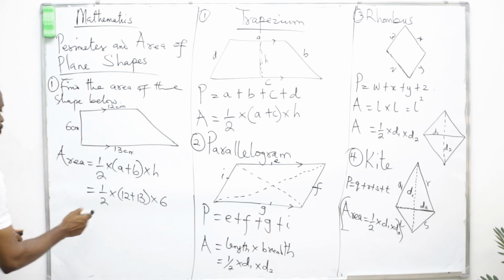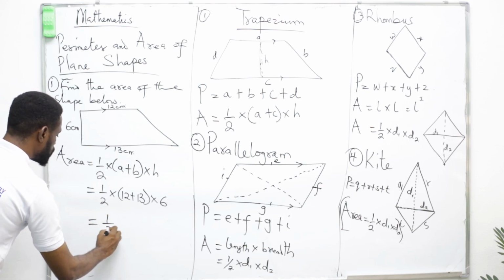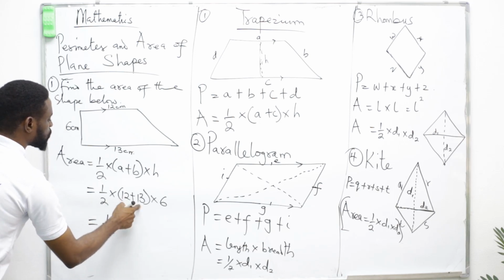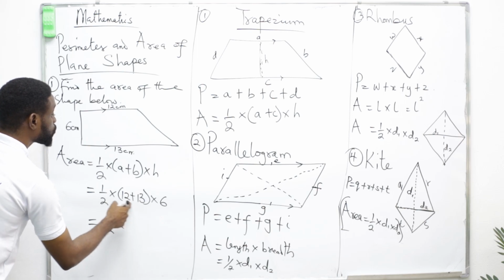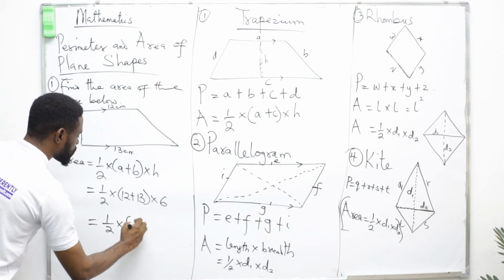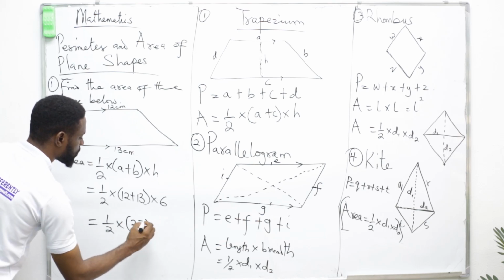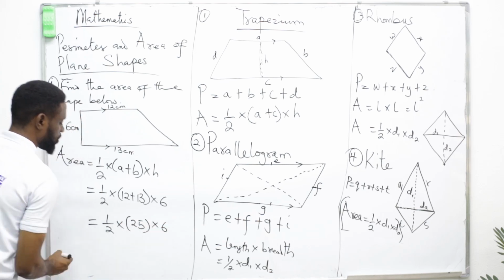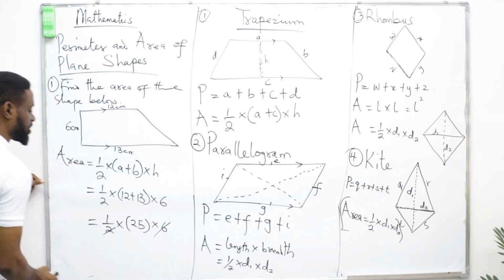All right, so we can go. Now, this is 1/2 times 12 plus 13, which is 25. So this is 25, times 6. So this 2 can divide this 6, okay?